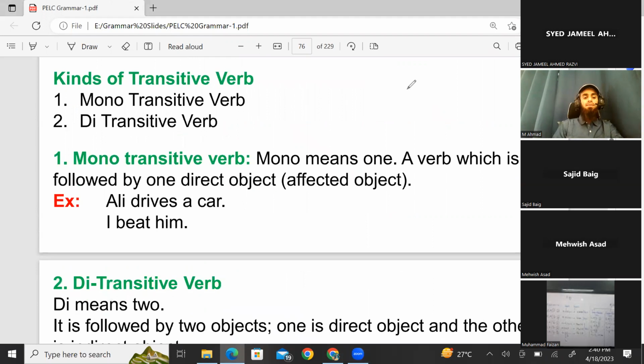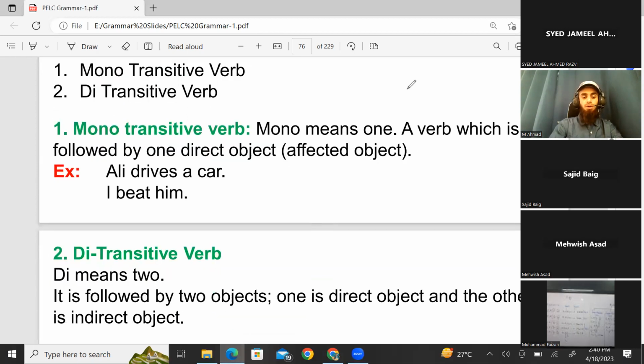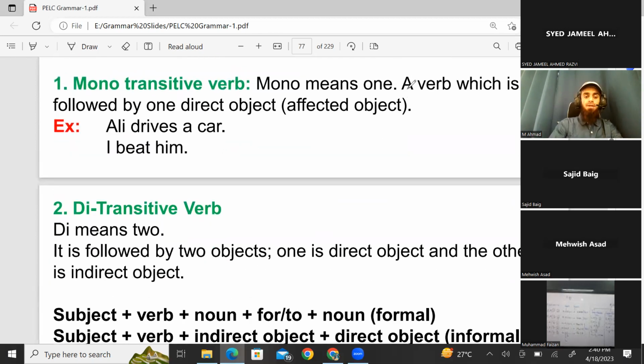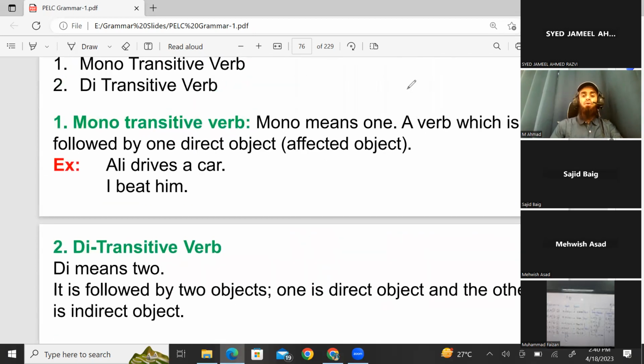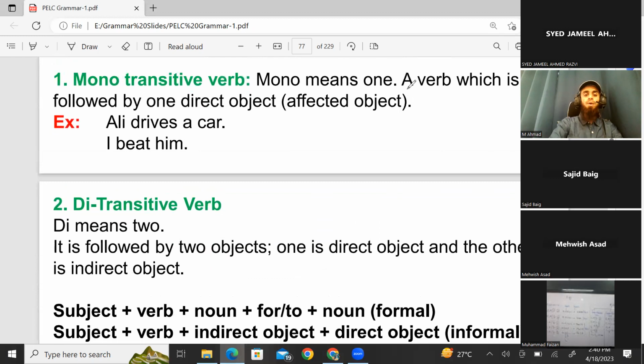Okay. Now, kinds of transitive verbs. One is called monotransitive, which is a little more explanatory, but let's go through it. And one is called ditransitive verb, right? A monotransitive verb is used with a direct object, right?